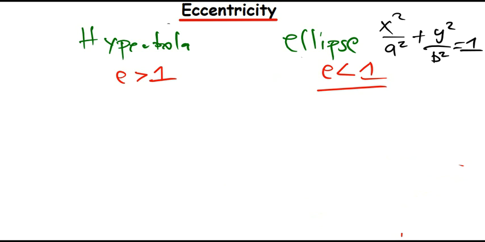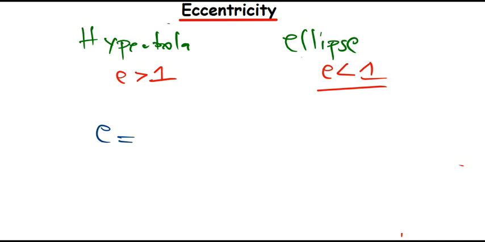Okay, that being said, what else have I not mentioned about these? I haven't explained why. We can also define the eccentricity as the distance to the focus divided by the distance to the directrix.